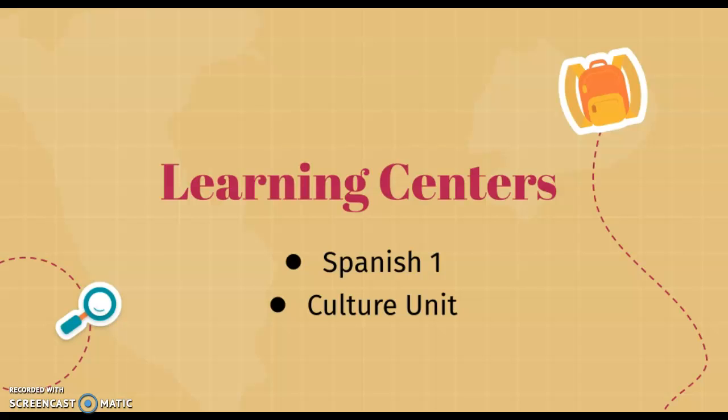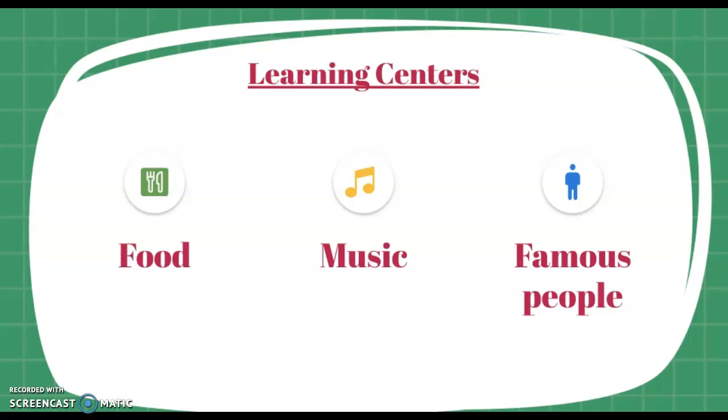So for my learning centers, students would be able to choose one of the 3 centers based on what they were interested in. One center would be about foods from different countries. Another would be music, so they could research different types of music that come from Spanish-speaking countries.